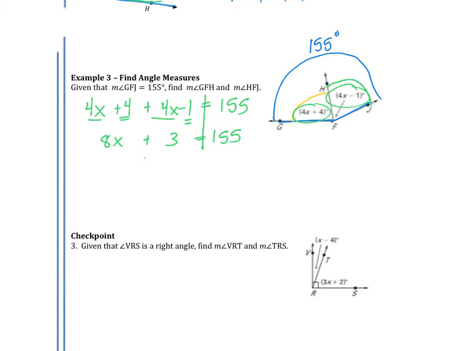From here, we got to get rid of the plus 3, so we subtract it to cancel out. So now we're left with 8x equals 152. And then we want to get x alone. So how do you get rid of the 8? We would divide by 8 to get x equals 19, I believe.